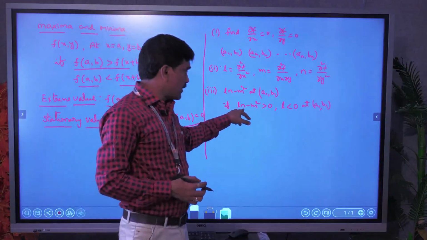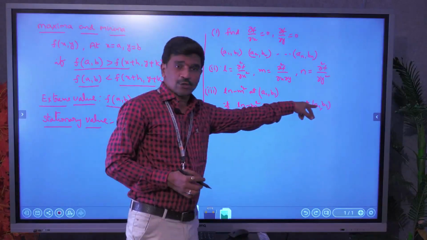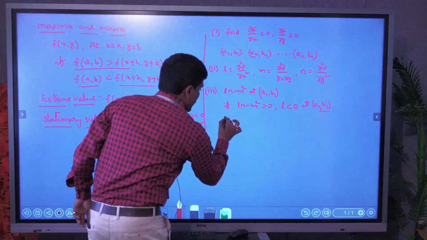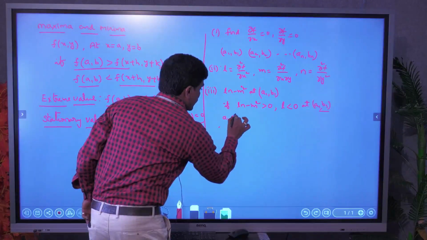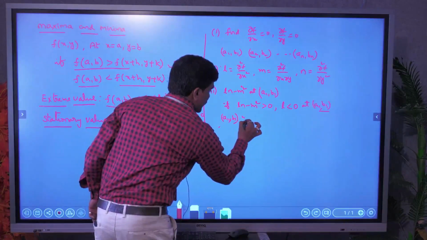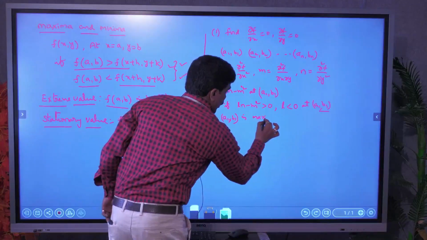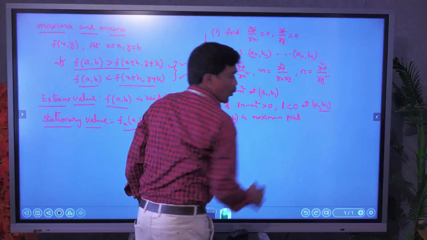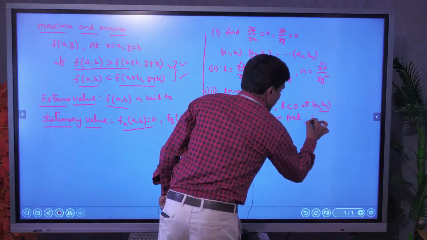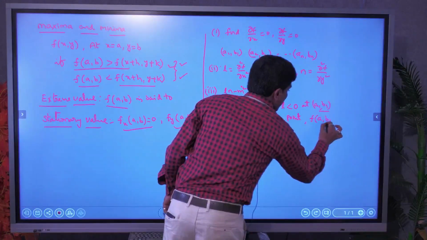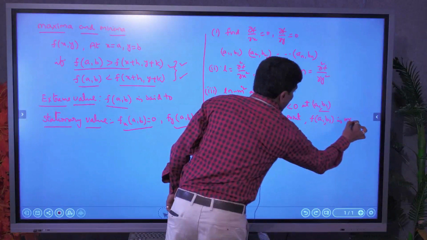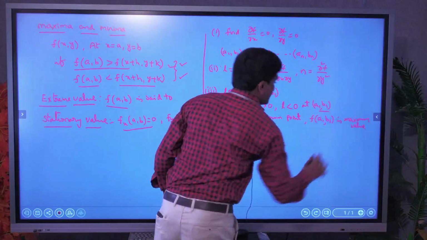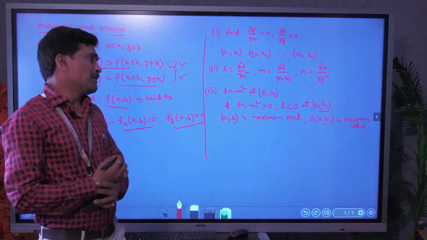Calculate ln minus m square; if the value is greater than 0 and L is less than 0 at the point a1 b1, then here the point a1 b1 is a maximum point, and f of a1 b1 is a maximum value.